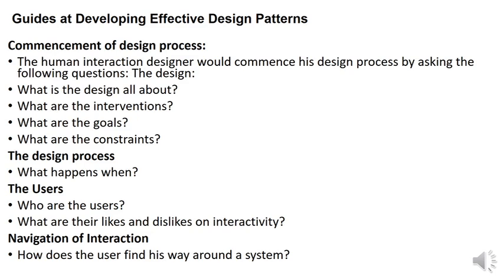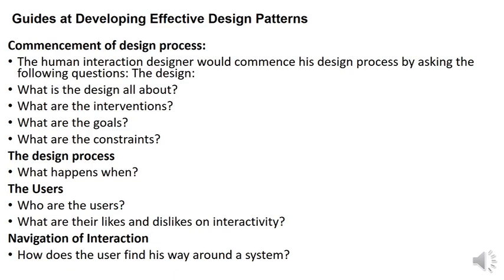Then the second one, design process. What happened? When? Then the user. Who are the users? Because if you can identify the user, you'll be able to streamline the patterns. What are their likes and dislikes on interactivity?